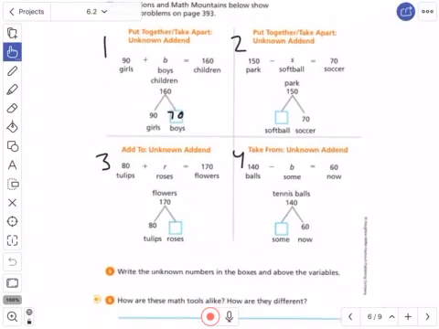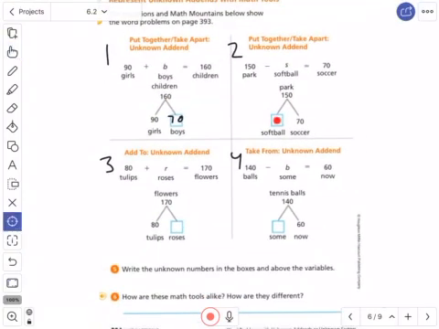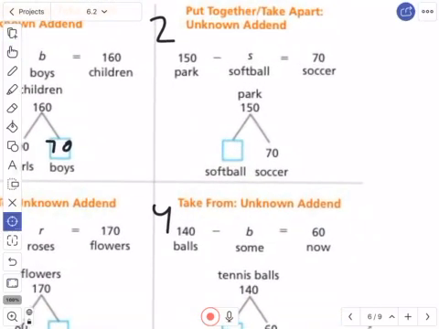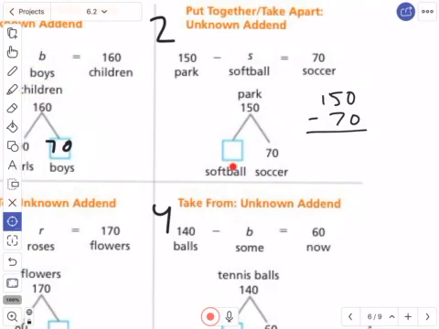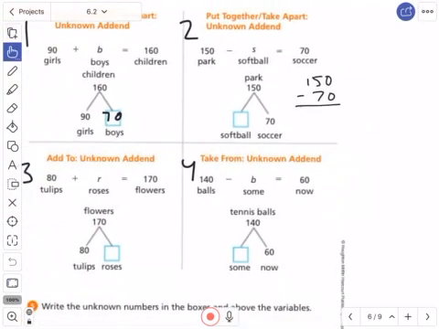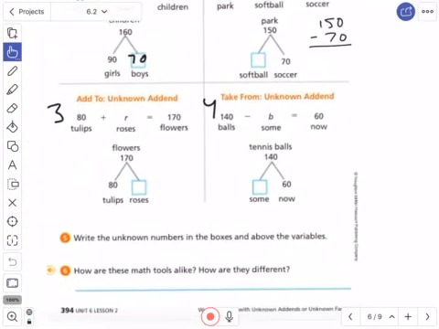What you're going to do then is fill in the rest of these boxes. You can do the work, or you can always go back and check, but this might be good practice for you too. Like this one, 150 minus something equals 70. Well, I can just do 150 minus 70 to find my missing answer there. So just do that for those ones.